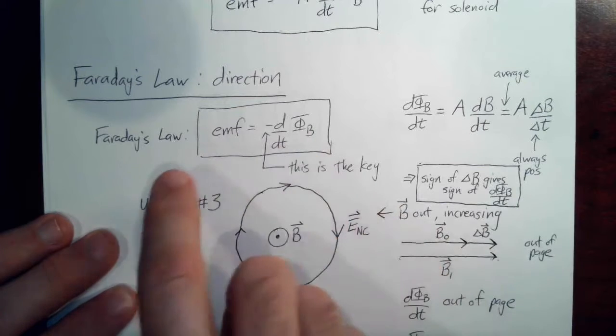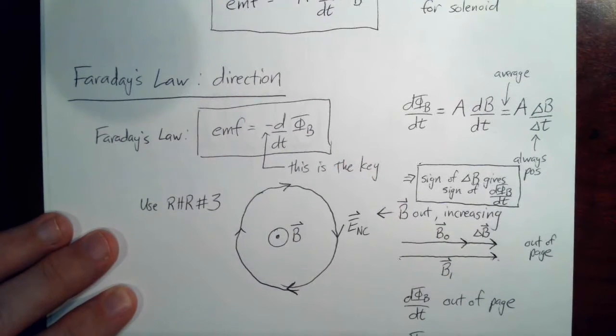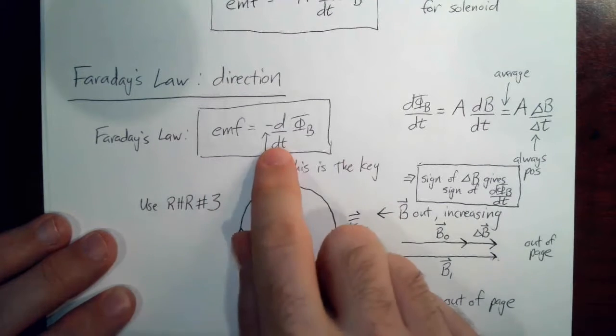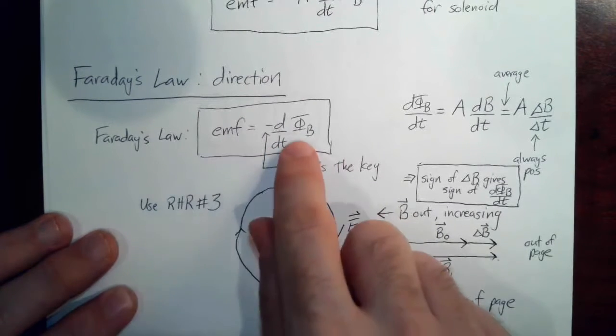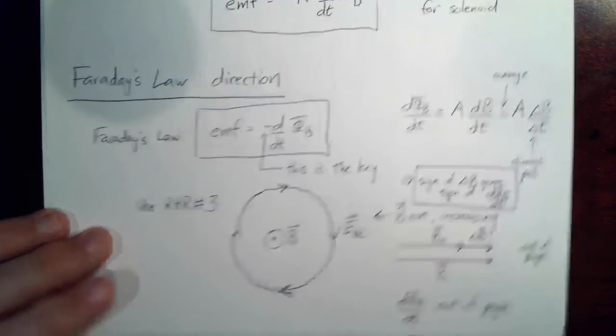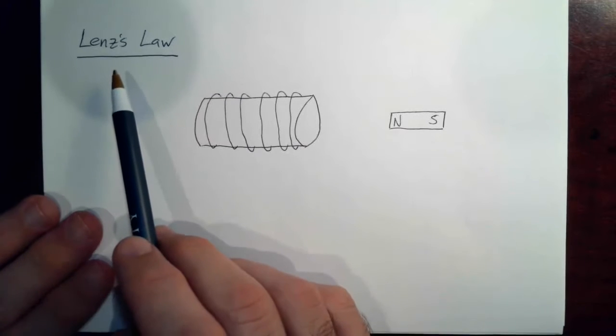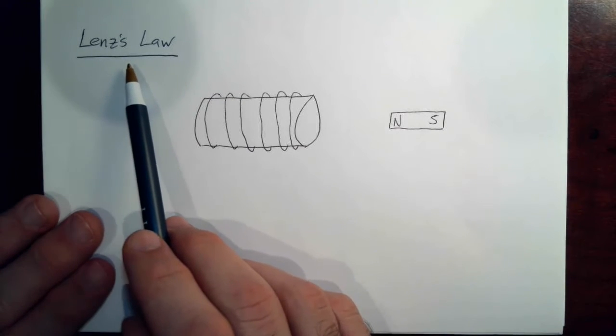Okay, so this is a heuristic way of justifying this, but I'm going to show you now a shortcut where you can use this idea that the EMF opposes the change to figure out the direction of the induced EMF without doing any math. And this rule of thumb is called Lenz's law. Your book actually calls it Lenz's rule.